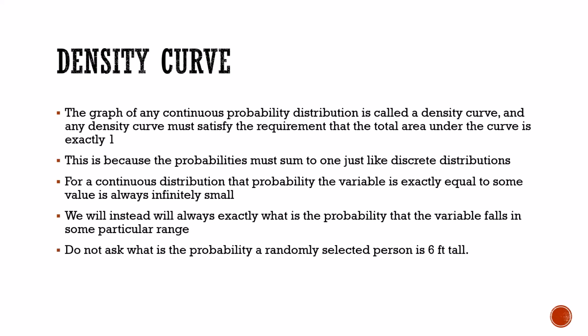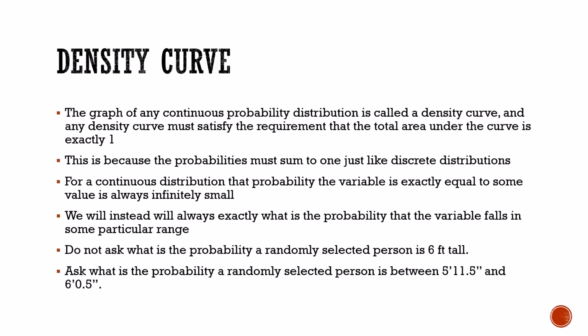For example, if your tool measures to the nearest inch and you're measured at 6 feet tall, we can conclude that your height is somewhere between 5'11 and a half and 6 and a half inches. If your tool measures to the nearest 1/10 of an inch, it's the same thing. So you can easily ask the probability that someone's height is in some small range around 6 feet.